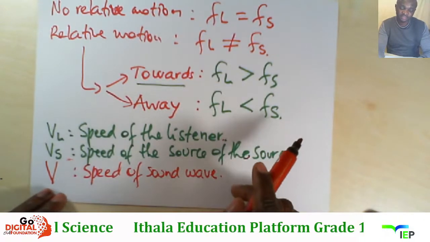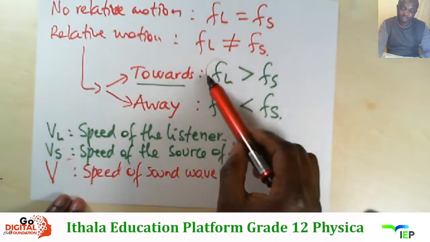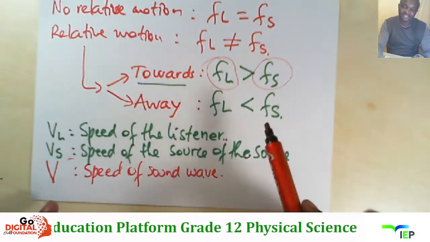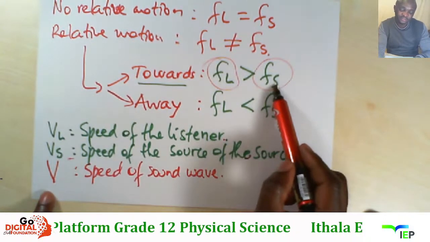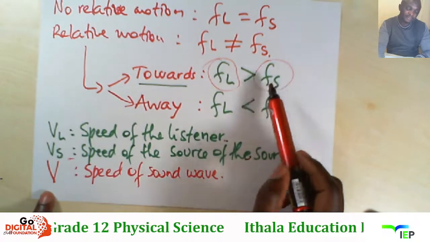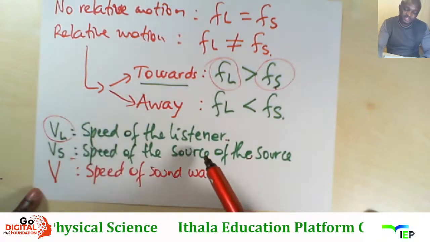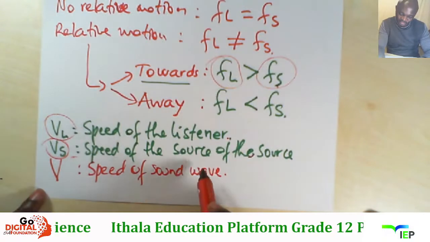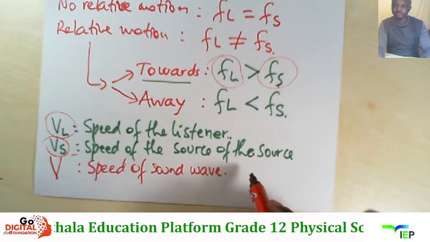Speed of the sound. So the things that confuse us are the quantities, there are 5. We have the frequency of the listener, and the frequency of the sound. The frequency of the sound is not the frequency of the source of the sound. We must distinguish there. Then we also have VL, the speed of the listener, Vs, the speed of the source of the sound, and V, that is the speed of the sound wave, right?